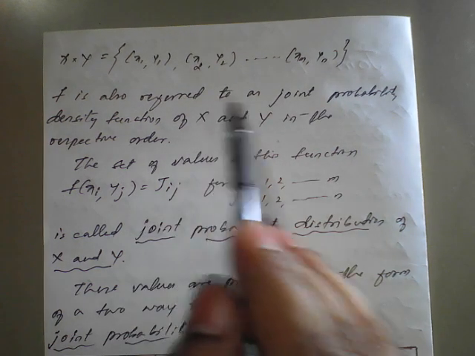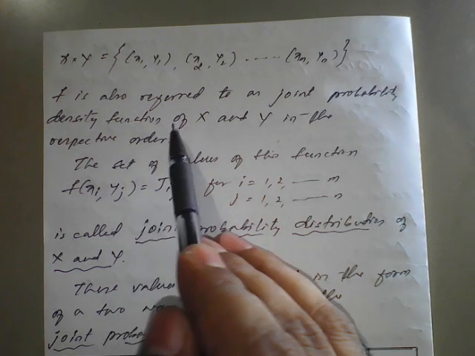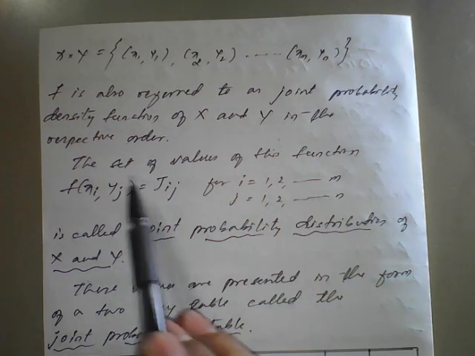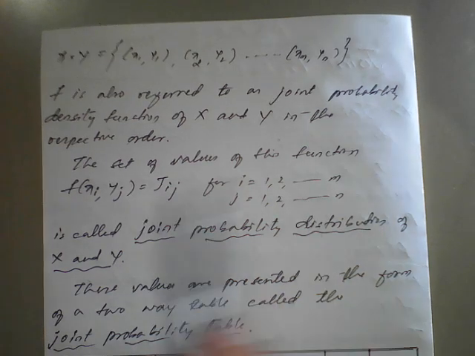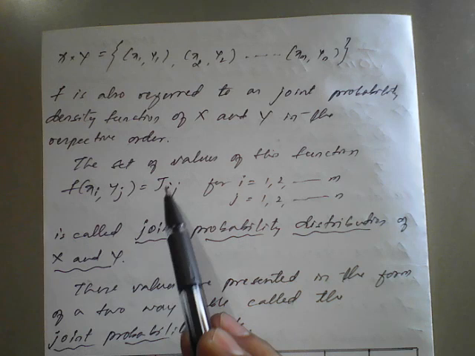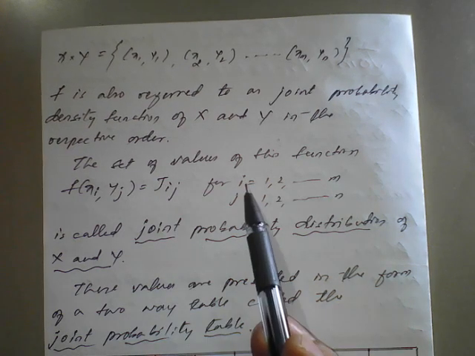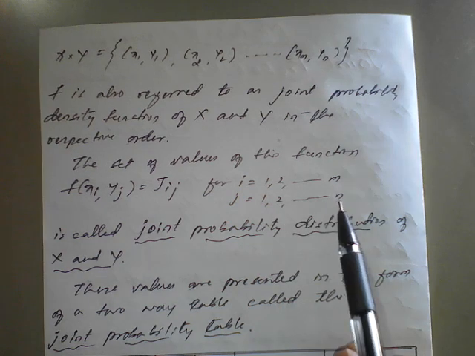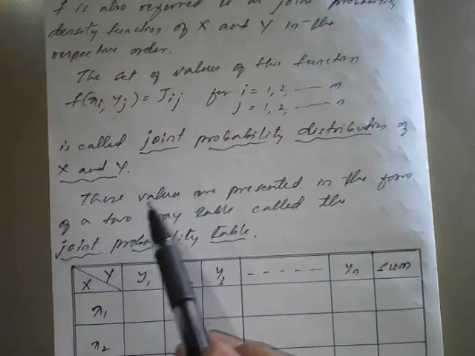F is also referred to as the joint probability density function of x and y in the respective order. The set of values of this function, given by f of xi comma yj, which is J of ij for i from 1 to m and j from 1 to n, is called the joint probability distribution of x and y.